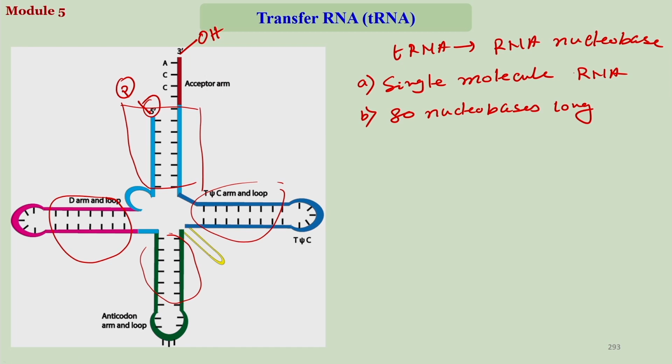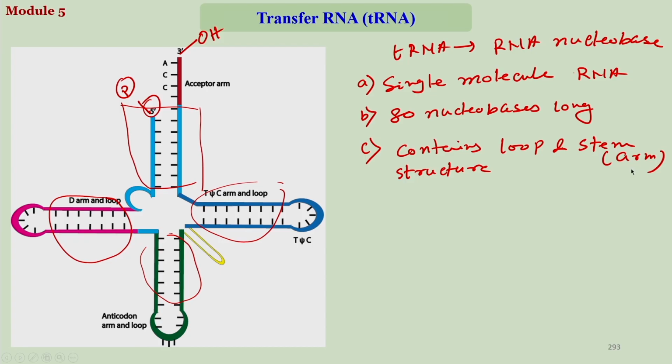You can call it a loop, you can call it a hairpin or something like that. So, it contains loop and stem. The double helix part, or the double strand part, is called an arm or a stem, stem as of a plant. Loop and stem structure, stem or arm, and there are 1, 2, 3, 4 of them. Now, how is this forming?